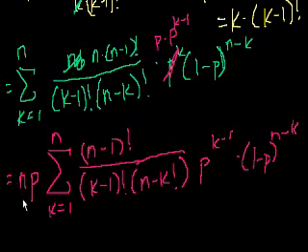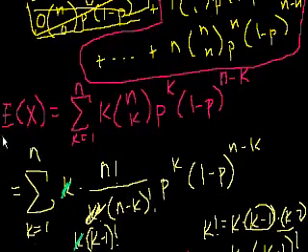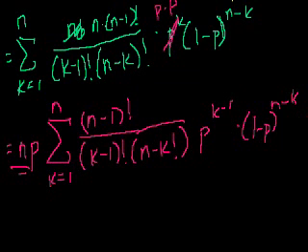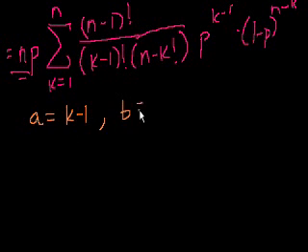Remember, we want the result that the expected value of our variable, and that's what we were doing before, should be equal to this. So we'll be done if we can just show that this whole thing here equals 1. And to do that, I'll make a simplifying substitution. Let's say that a is equal to k minus 1, and that b is equal to n minus 1. And then what would n minus k equal?